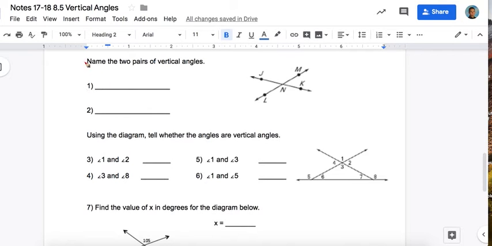So it says, name the two pairs of vertical angles. So I see one here, I see one here, I see one here, and I see one here. So let's call this angle JNL, and its vertical angle is MNK.